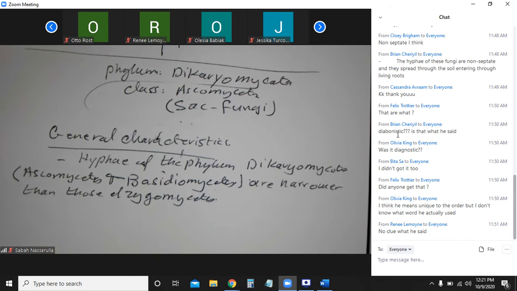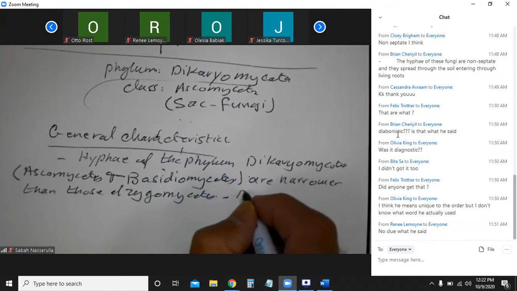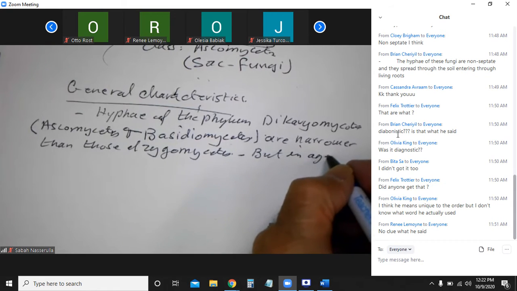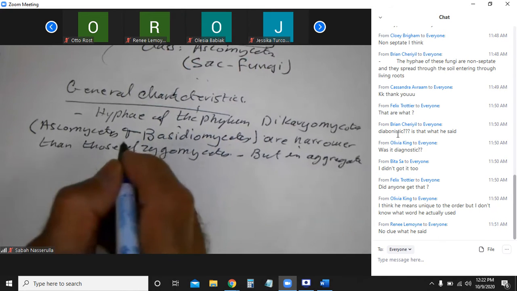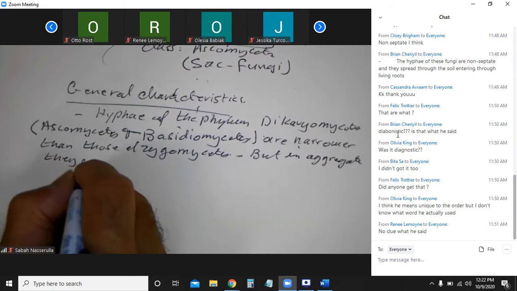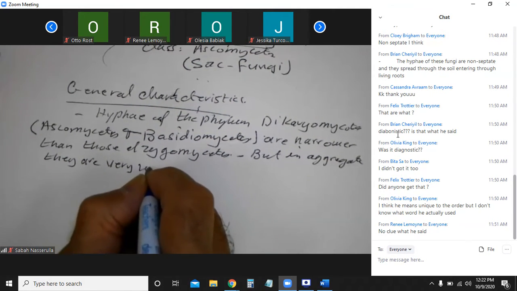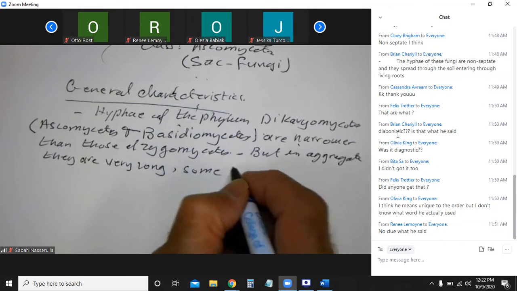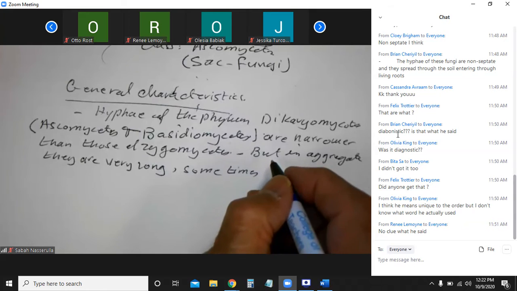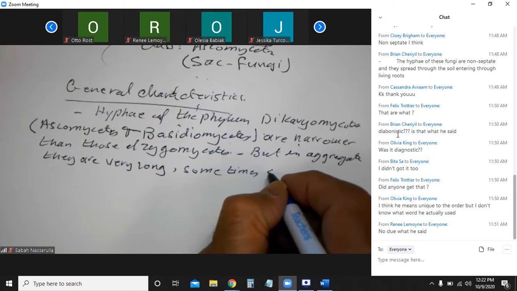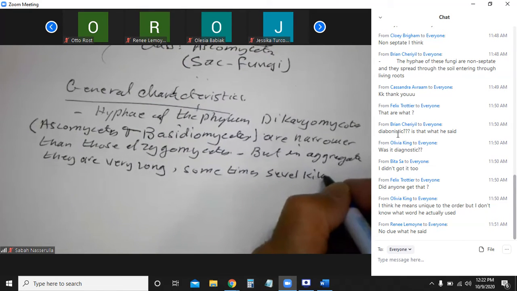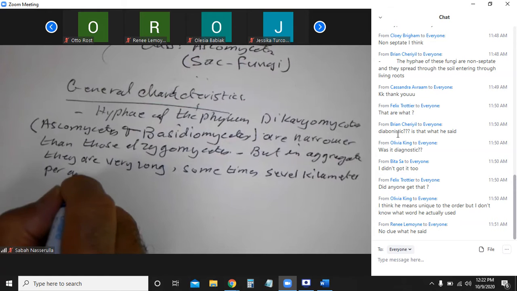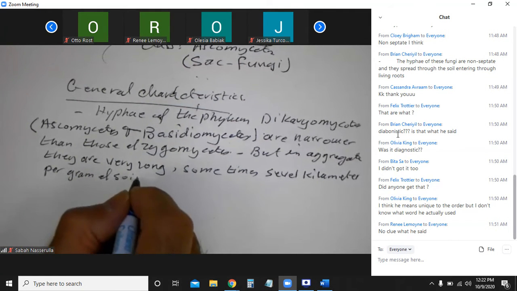In aggregate they are very long, sometimes several kilometers in length if you add them together, per gram of soil.